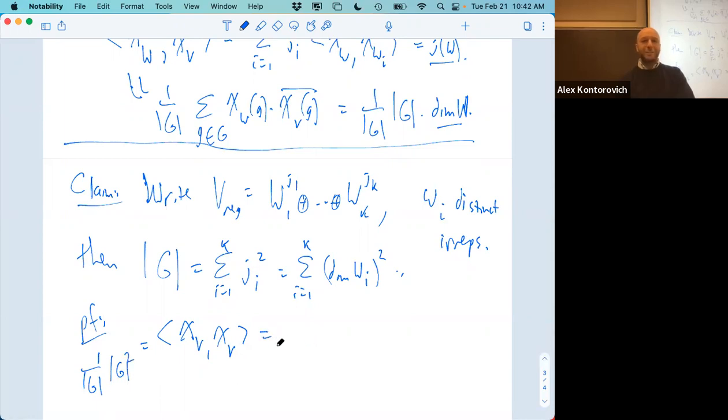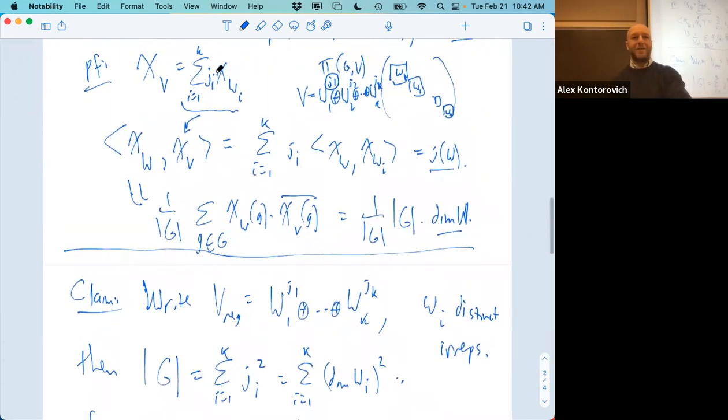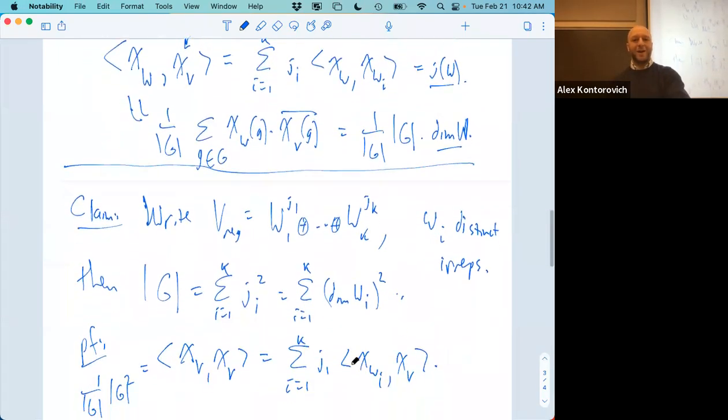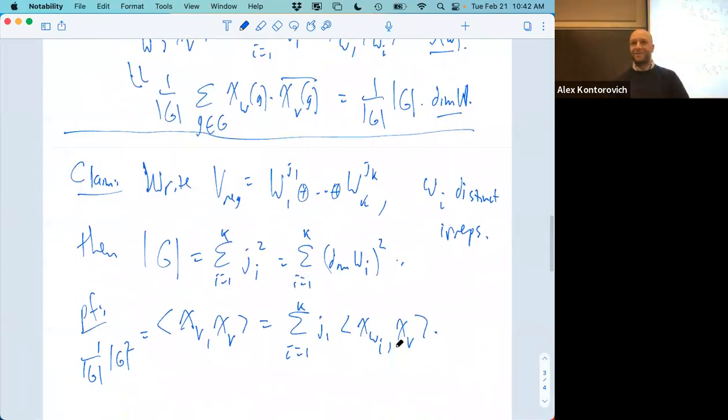On the other hand, if I decompose one of these, it's a sum as I goes from 1 to k of ji and then the inner product of chi wi with chi v, writing chi v as a sum of ji chi wi, and using the linearity of this inner product.